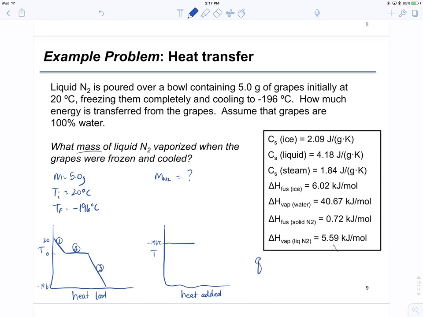So we know Q system is equal to negative Q surroundings, or we could say Q gained is equal to the negative of the Q lost. And in this particular case, the grapes are losing the energy, so we can say Q of N2 is equal to negative Q of the grapes or the water.